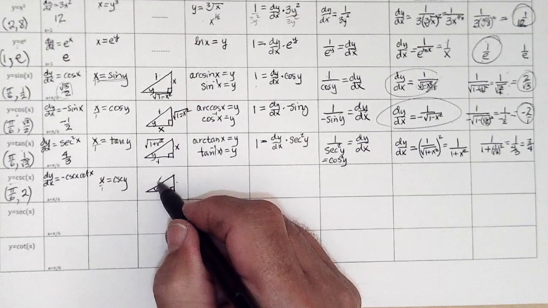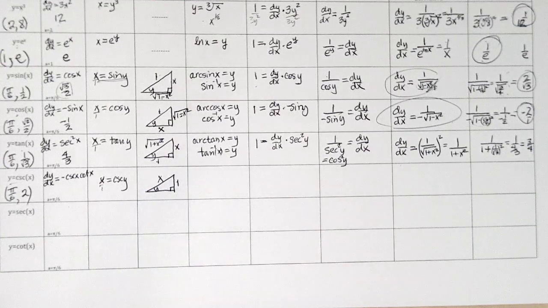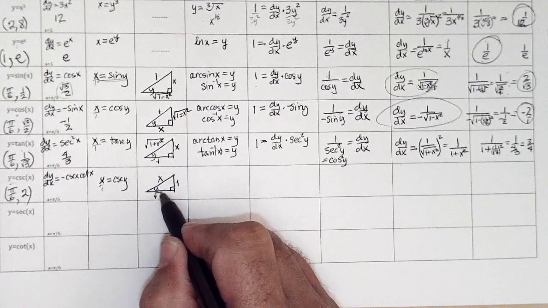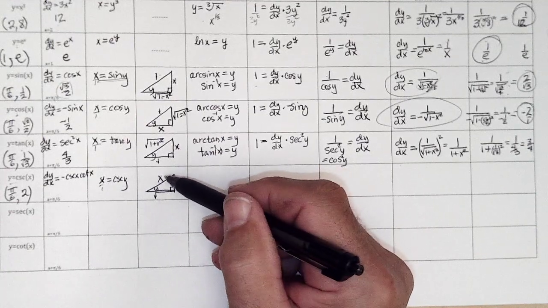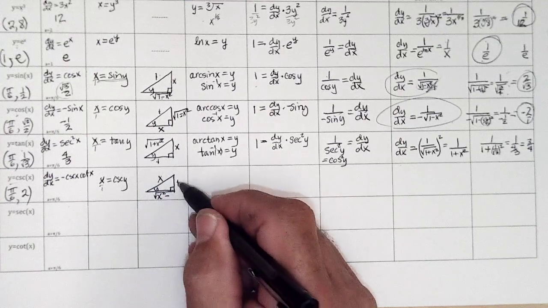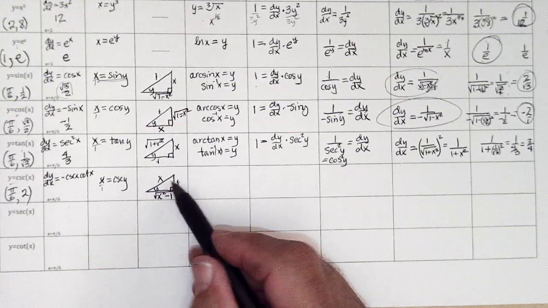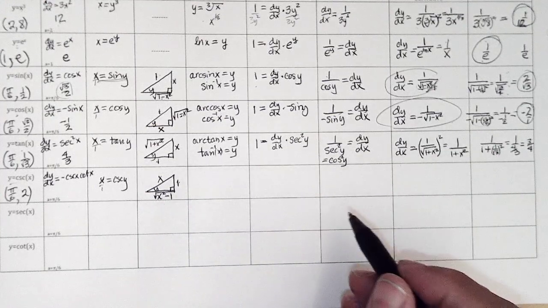So x is on the hypotenuse and 1 is on the opposite. And if I do that, this becomes the square root of the hypotenuse squared minus 1 squared. Do a squared plus b squared equals c squared with x and 1 here and a there, and solve for a, and you'll get this, hopefully.